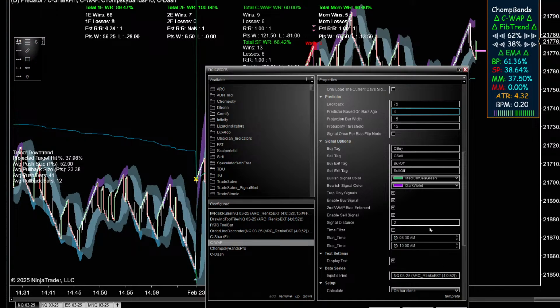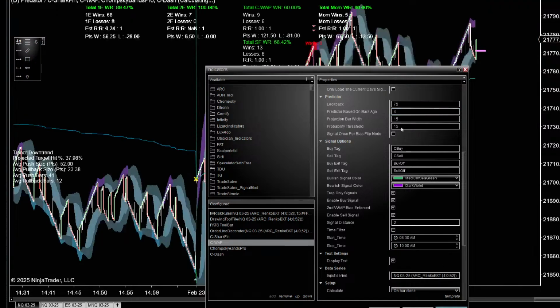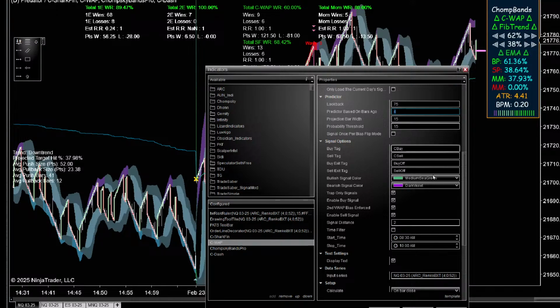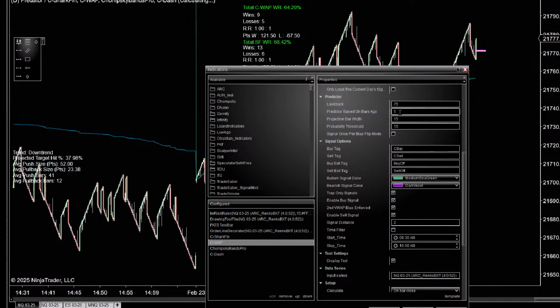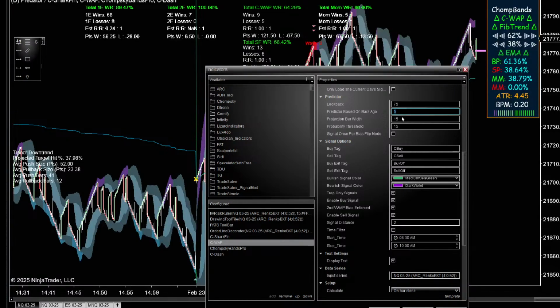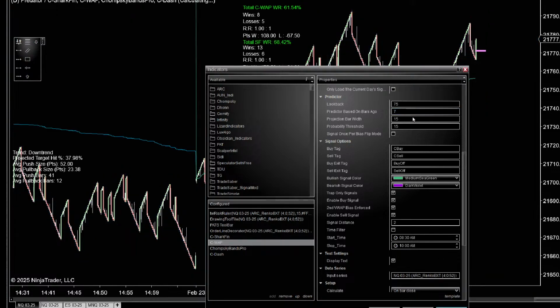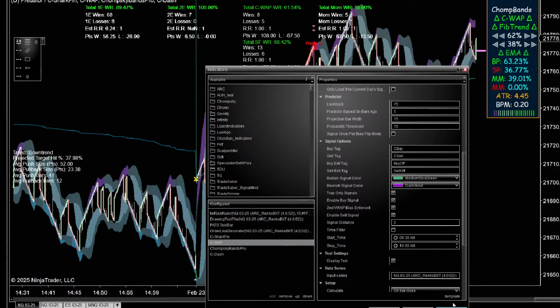Oh, that's a little better. I think 4 is okay. 5. 5's pretty good. It's gotta start decaying somewhere up here. Probably 7. It'll probably go down a little here. Yeah, there we go. Alright, so 5 did pretty good.